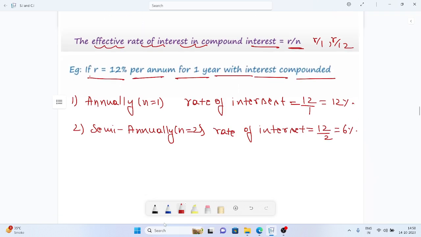Now, when given quarterly, it means n equals 4. The value of n is hidden in the word he said, quarterly. Quarter means 4, semi-annual means 2, like this.